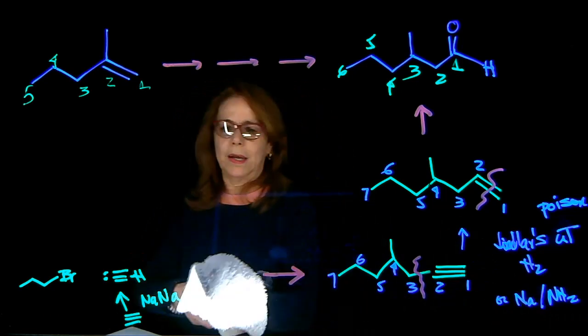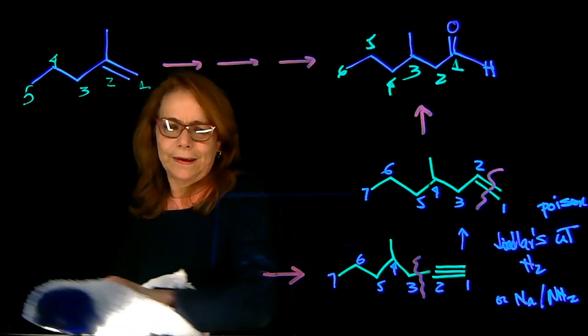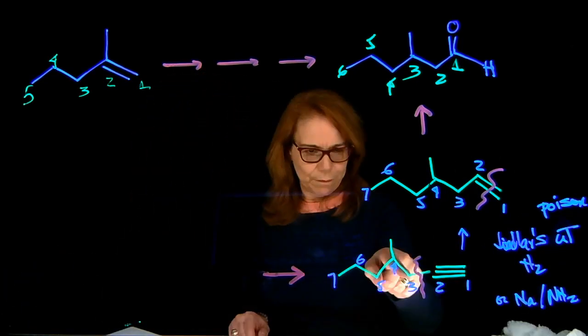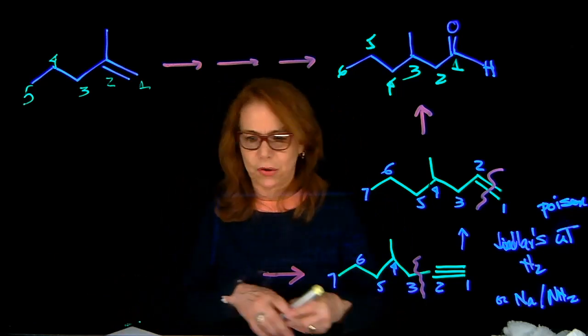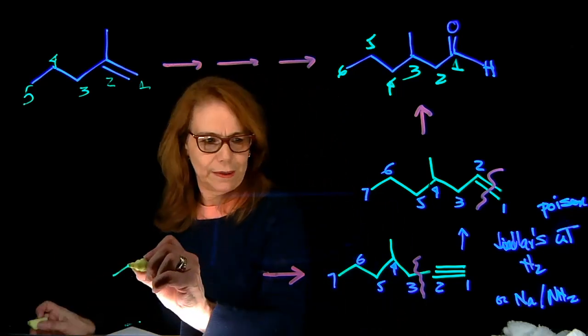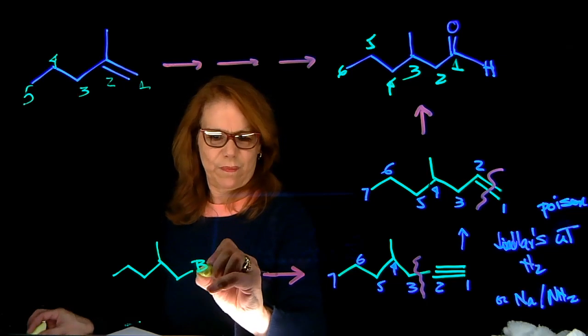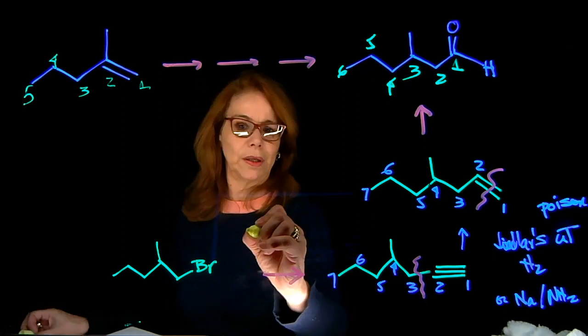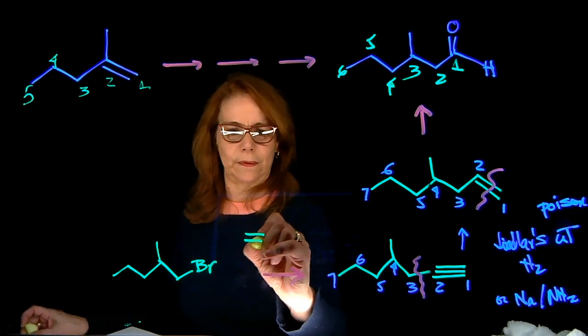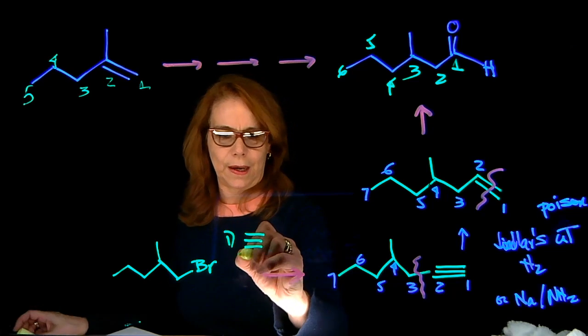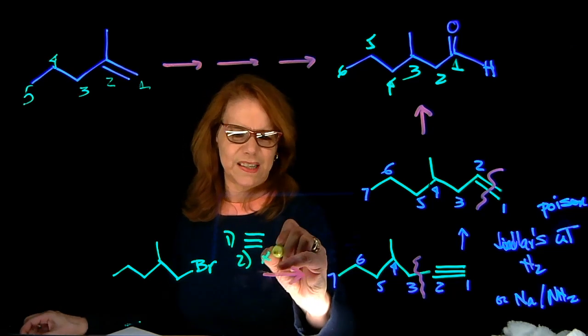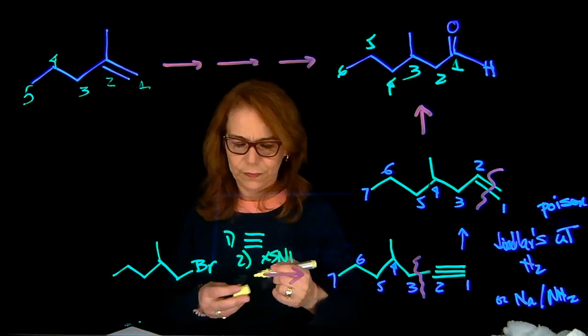Okay, I need an alkyl halide for that part and add acetylene. So let's draw what my alkyl halide would need to be. And I will need to make it react with acetylene and have an excess of sodium amide.